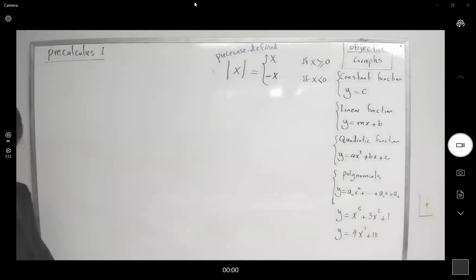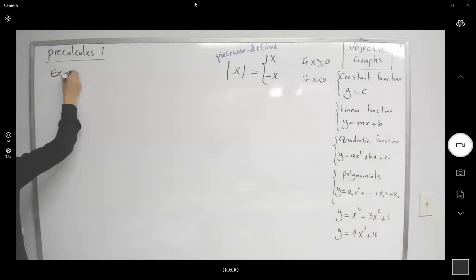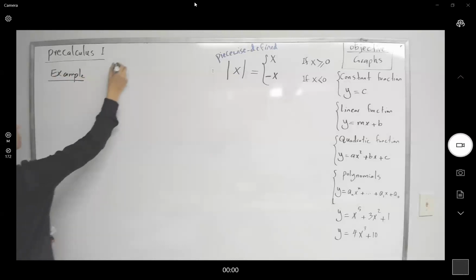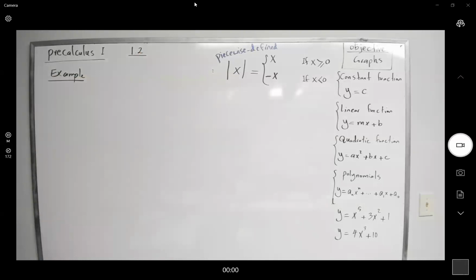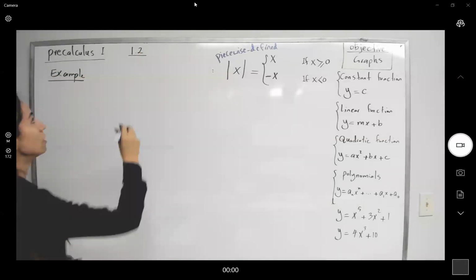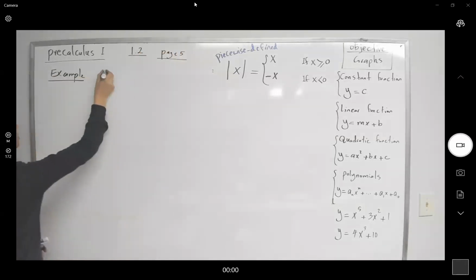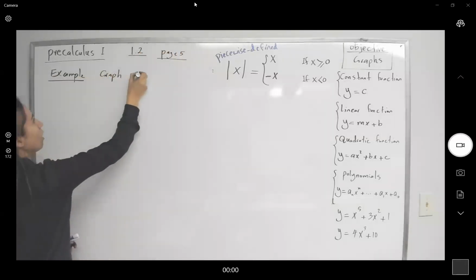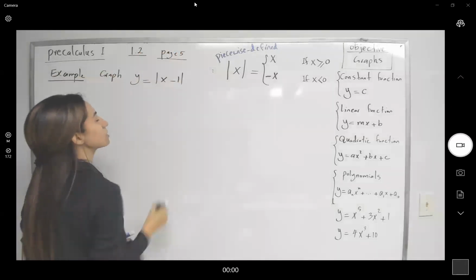Example 1.2, you are on page 5. So graph y equals the absolute value of x minus 1.